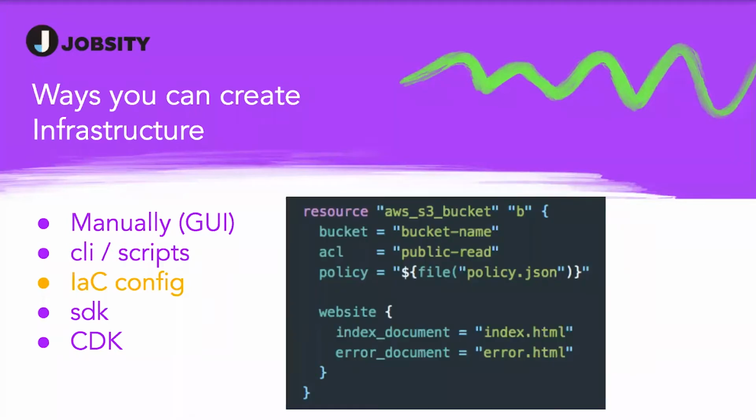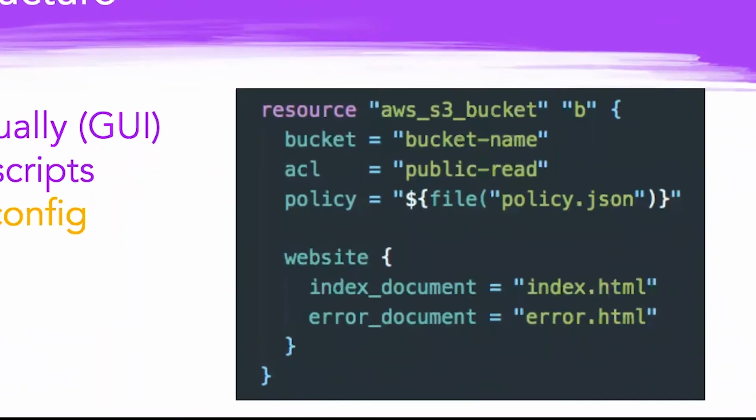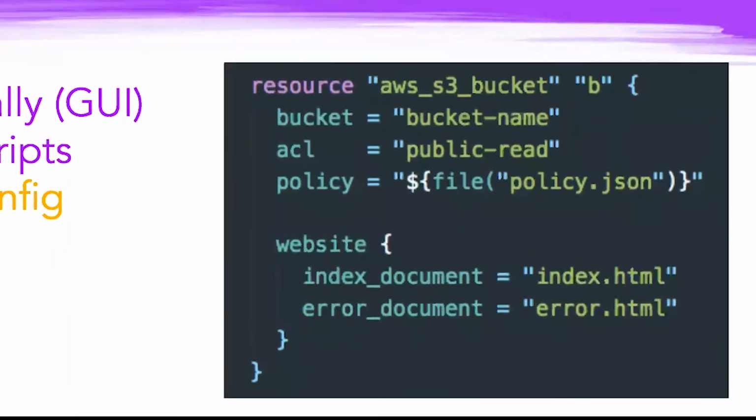So then we have the next level, which is IaC configs, or templates as they are called. And if you have worked with DevOps before, probably you are familiar with this type of concept. It works, right? You have to create some config file, some resource in this case.